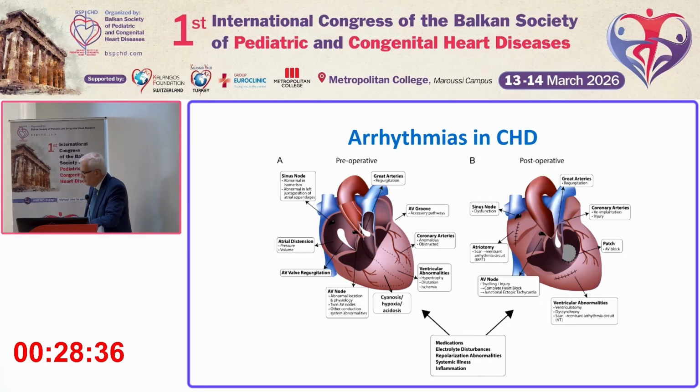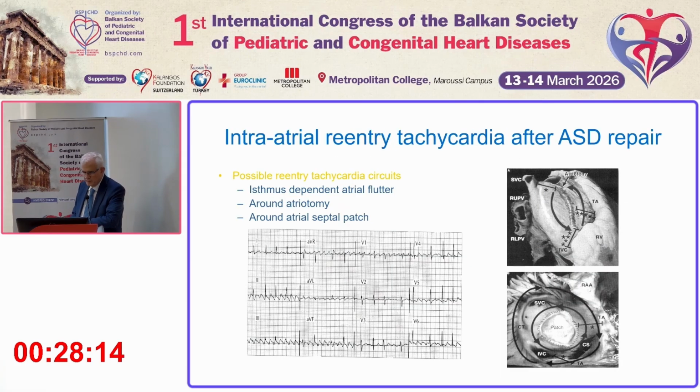And then after the operation, the atriotomy incision can cause reentrant arrhythmias, sinus node damage, damage to the AV node, ventricular tachycardias due to patches and incisions, and coronary artery anomalies. So all these factors contribute to development of arrhythmias in patients with congenital heart disease.